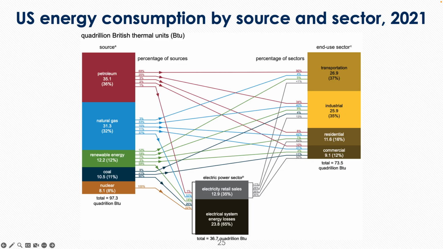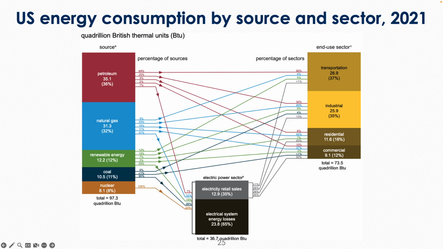It's a third petroleum, a third natural gas, and the rest broken down into renewables, coal, and nuclear. And I should say that the renewable energy figure includes things like hydropower, which is a much larger percentage of that pie than most people think, since most people are thinking wind and solar for renewables.